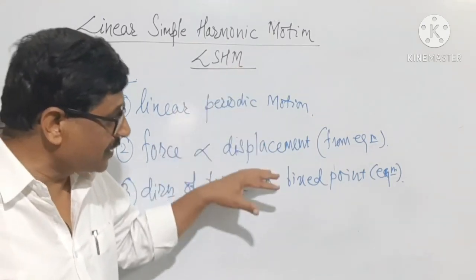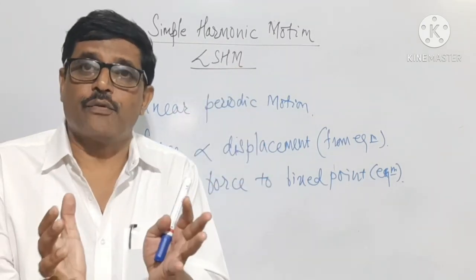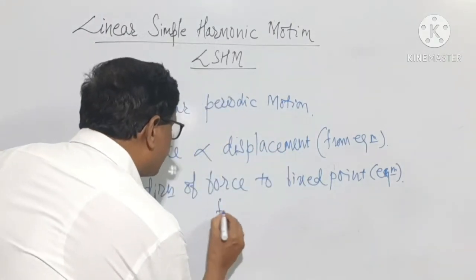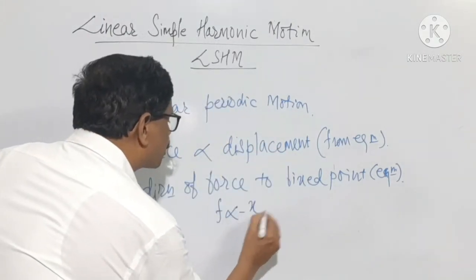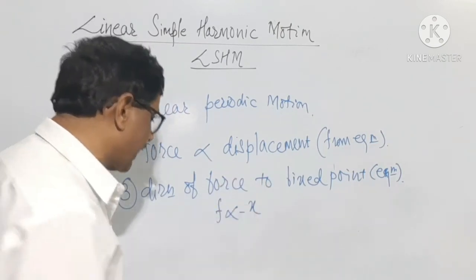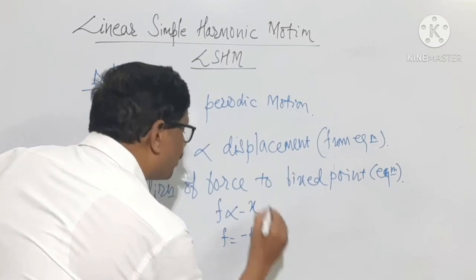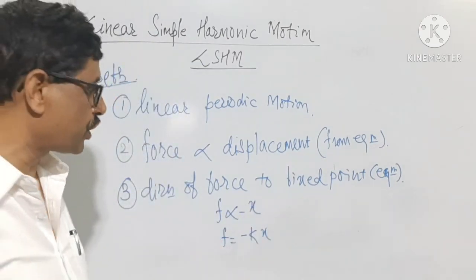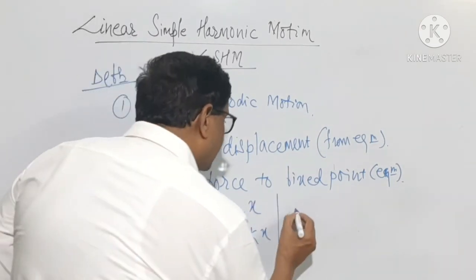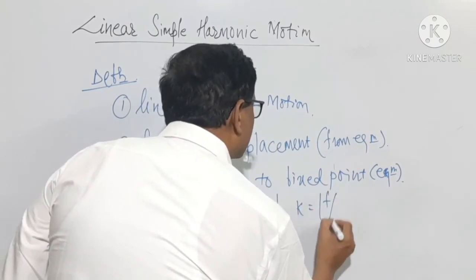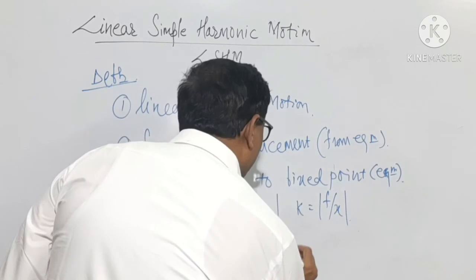Now, all the three things are included in one mathematical equation. In linear simple harmonic motion, the force is directly proportional to minus of x. Therefore, force is equal to minus k into x, where k is the constant of proportionality, and in magnitude, this constant of proportionality is the force divided by displacement.